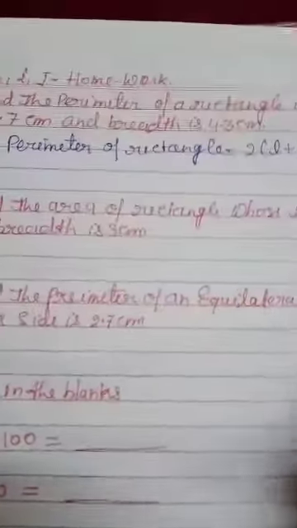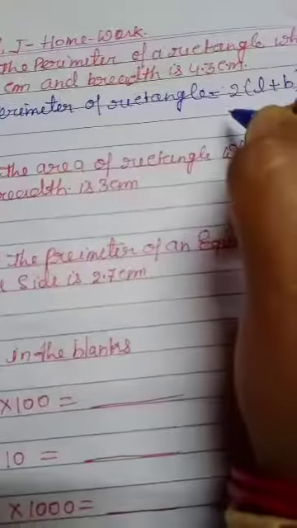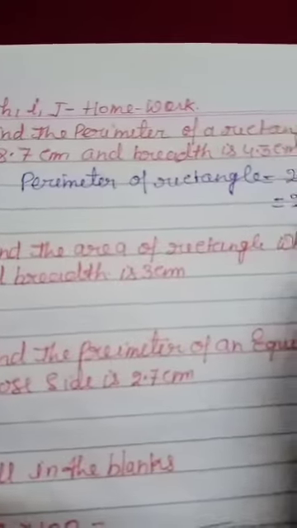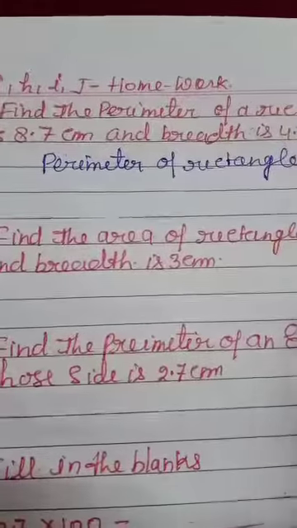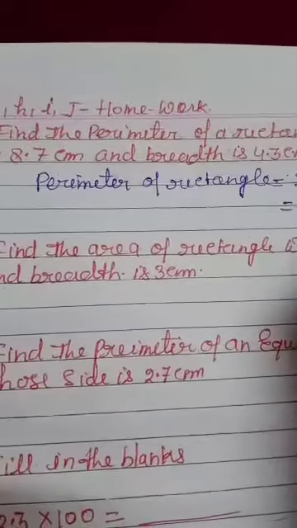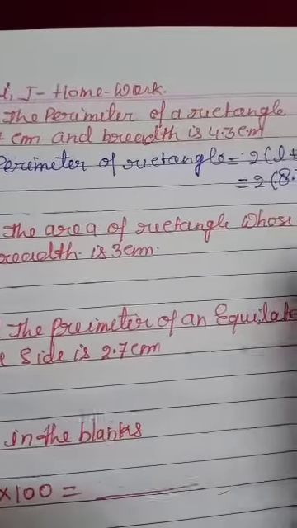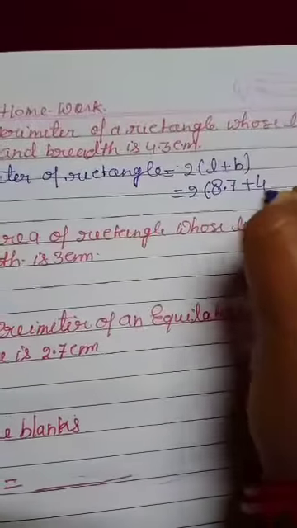Now see that beta, 2 out of bracket, how much length is given? Length is 8.7 centimeter. So 8.7 plus breadth 4.3.